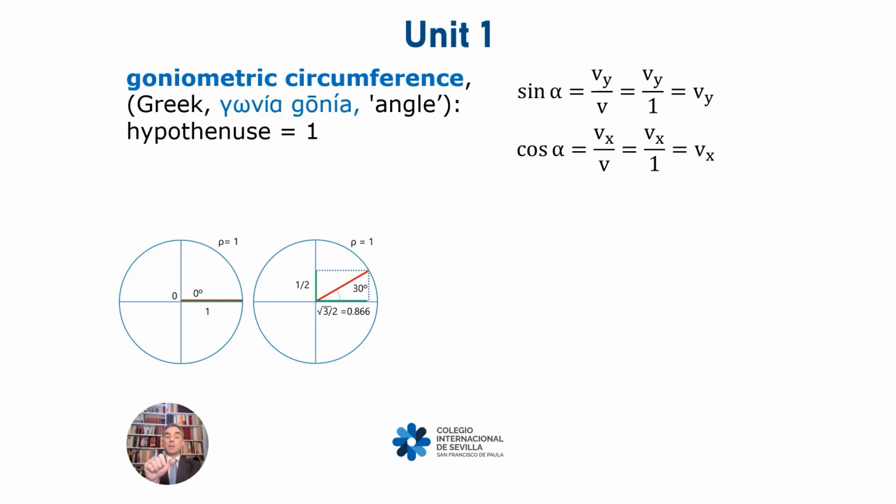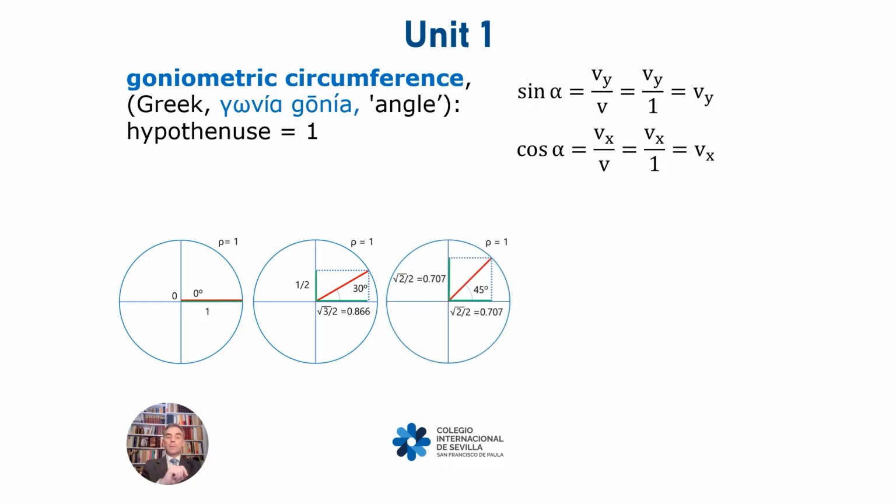Now, the contiguous side, if we apply Pythagoras' theorem, we will see it is square root of 3 divided by 2, and that is 0.866. So the sine of 30 is 0.5, the cosine of 30 is square root of 3 divided by 2, equal to 0.866.